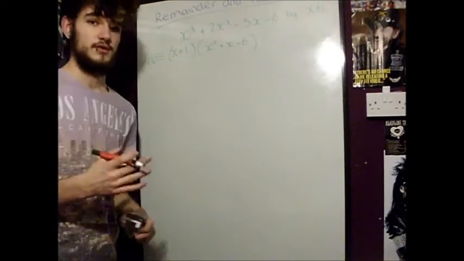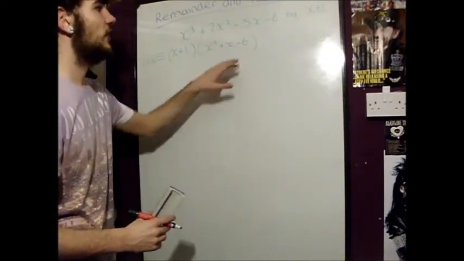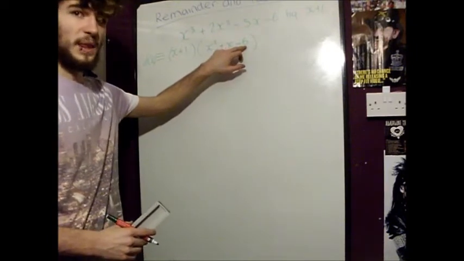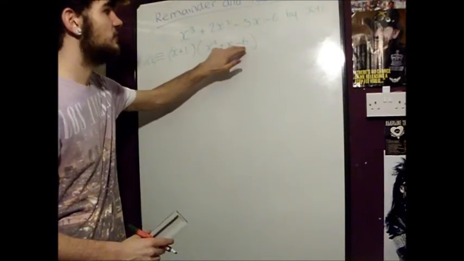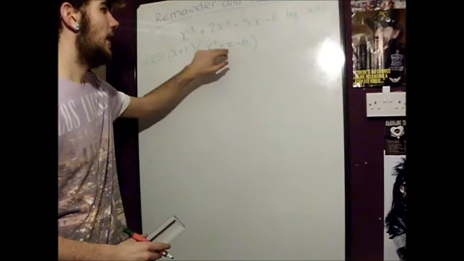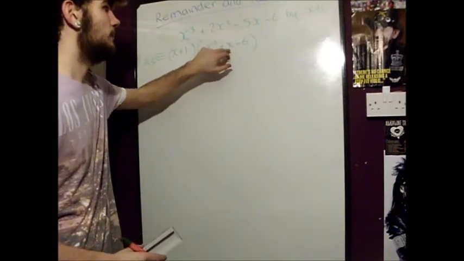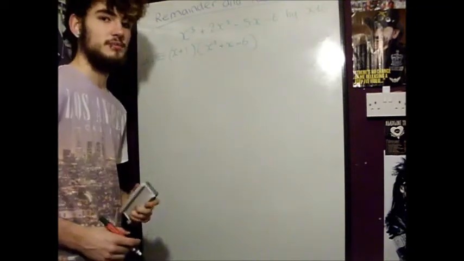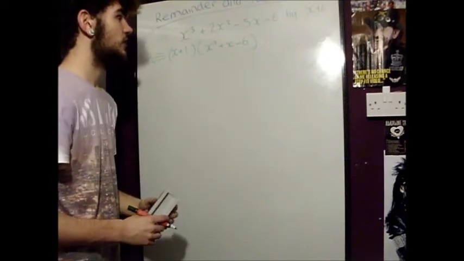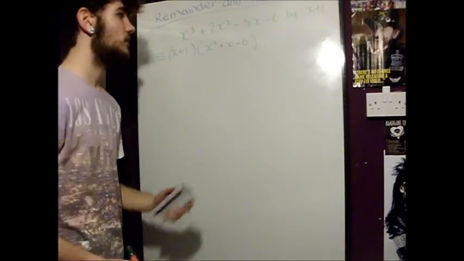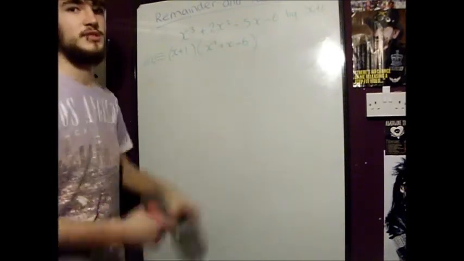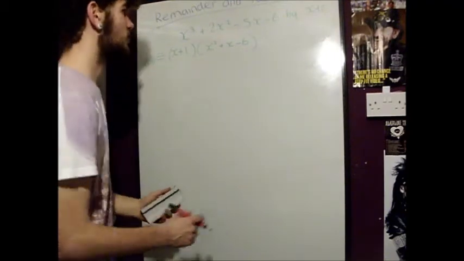You should know how to factorise a quadratic equation. You have to find two numbers that multiply to give the end number and add to give the middle number. So 3 and 2 multiply to make 6, and plus 2 times minus 3 makes minus 6, but so does minus 2 and plus 3.